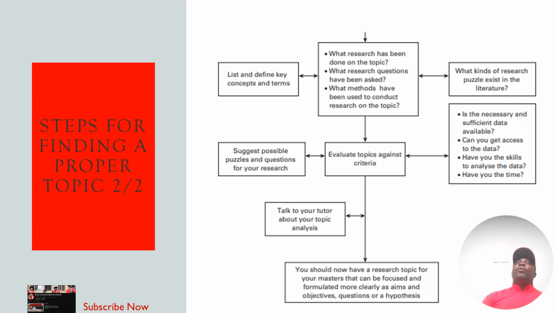The way you phrase your topic is also very important, because it should tell you, or your supervisor, whether you are going to use a qualitative or a quantitative research approach. So ask yourself: am I going to get enough data? And if so, how am I going to get that data so that I am able to analyze it?